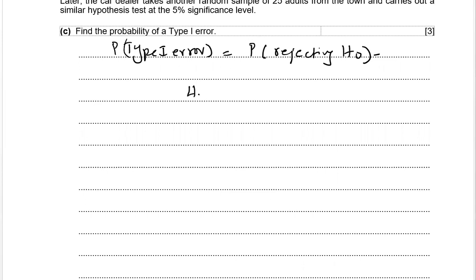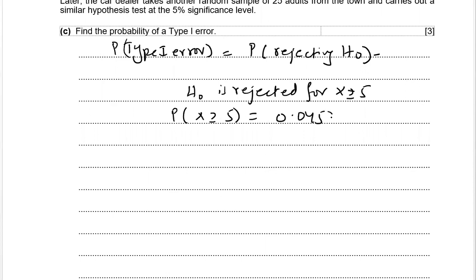So if we say H naught is rejected for x is greater than or equal to 5, and if we look at part A, we would see that the value is given 0.052. So therefore, the probability of type 1 error is 0.045. Okay.